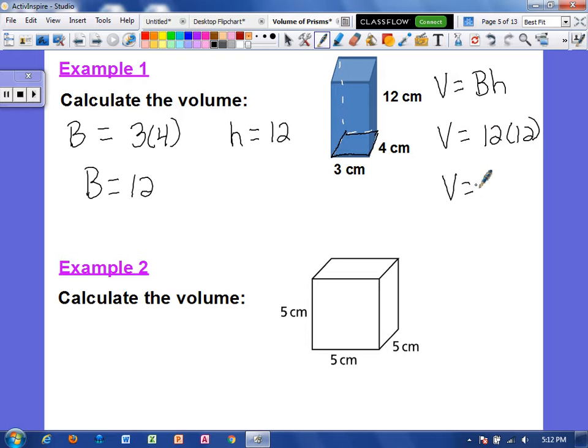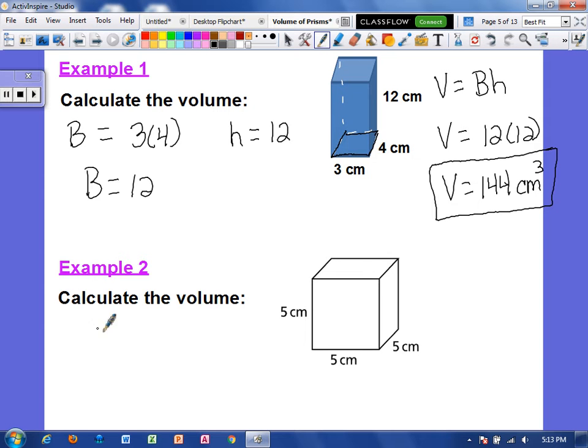So the volume would equal 144 centimeters cubed. Now, for a rectangular prism, you've probably learned to do length times width times height. So whenever you do length times width, you're finding the area of the base and multiplying it by the height. So it all works out the same way.